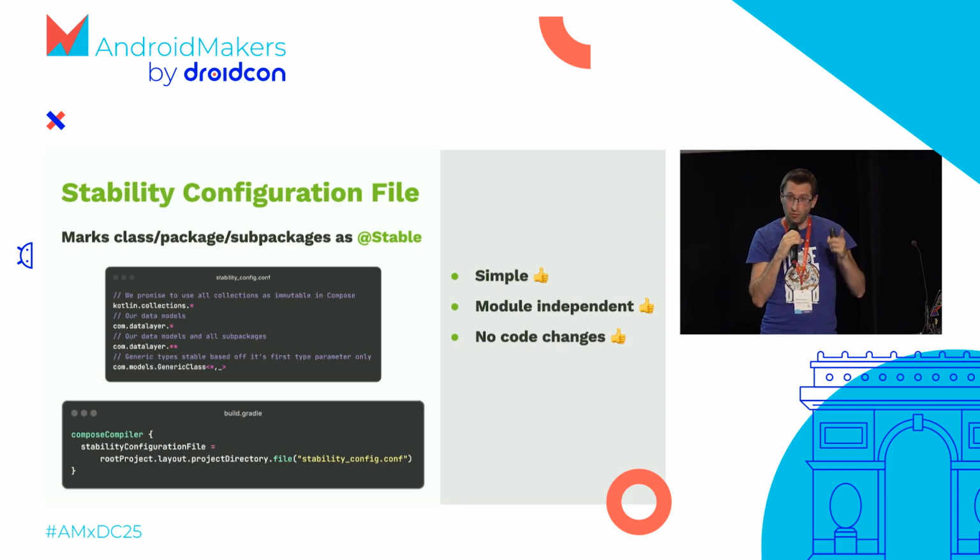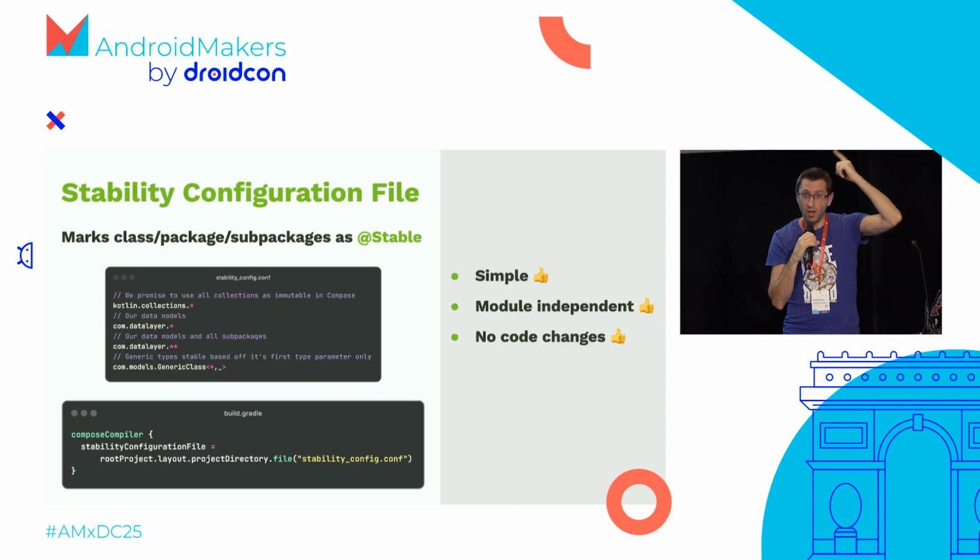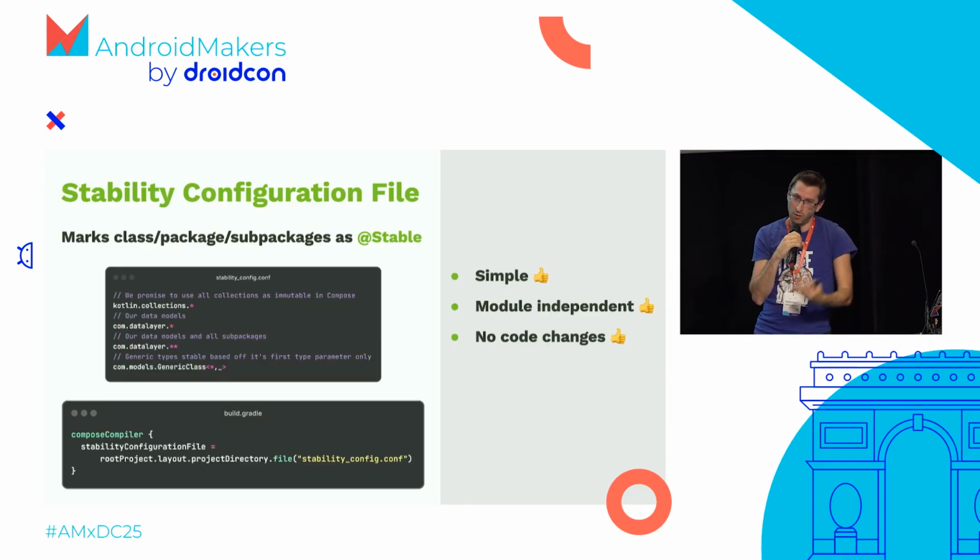A fun fact, do you remember the immutable Kotlin X classes that we saw in the slide before? Well, they are actually tagged by default inside Compose with the same method. So one of the defaults says, the Kotlin X immutable classes, I trust you, I promise you, they are stable, and Compose believes them to be stable.